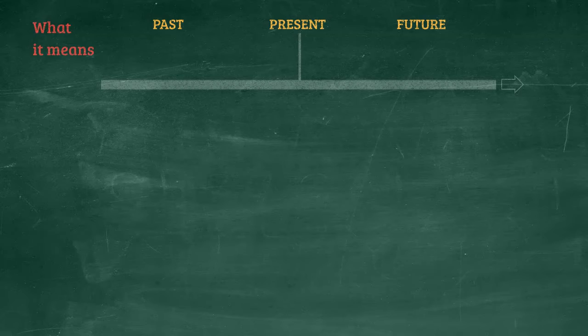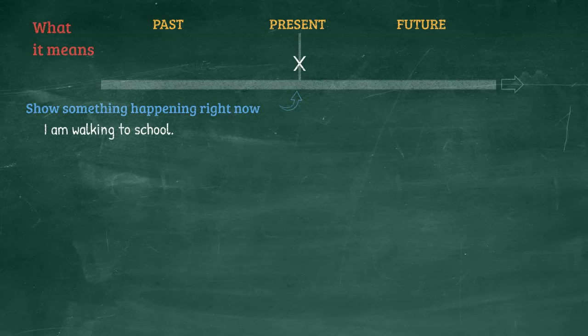As we said in the previous video, we use the simple present when things happen over and over again, or when something is sort of a habit. Present progressive, on the other hand, is right here in the middle. We use the present progressive to show something that is happening right now. For instance, when we say, "I am walking to school," it means you are doing it at this very moment.